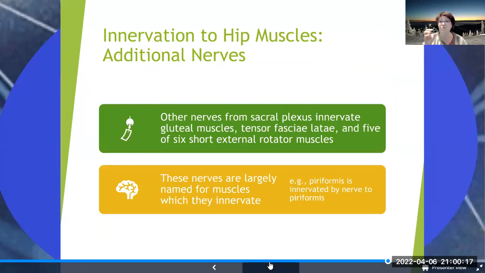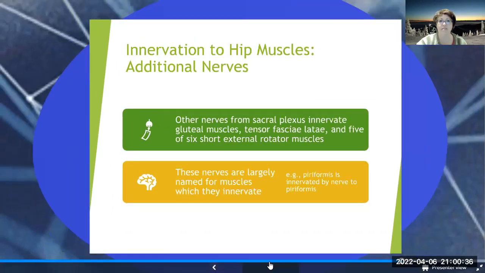They have individual nerves that are named for them. So there's a piriformis nerve just for the piriformis. The superior and inferior gluteal nerves innervate the gluteal muscles. So each of them sort of have a name that goes with the muscle name, if that makes any sense.